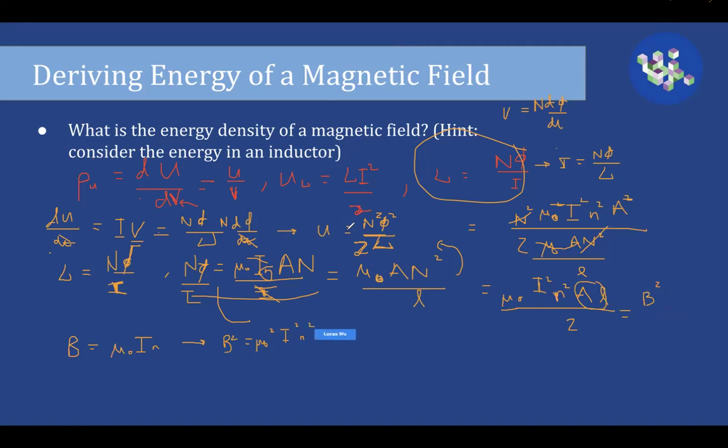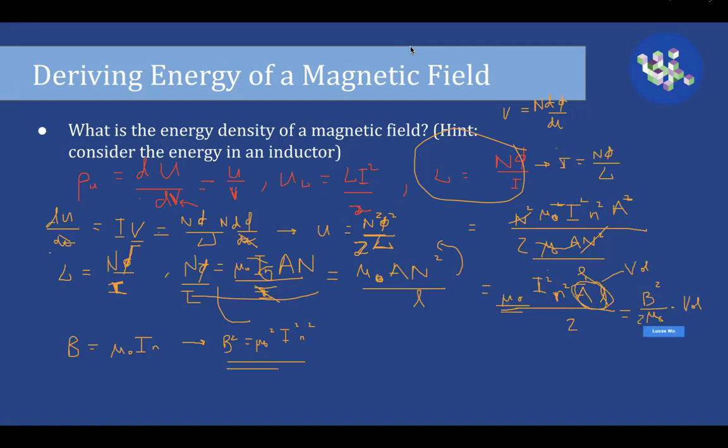So I have an extra mu zero, so I first have to divide by mu zero. B squared divided by mu zero gives mu zero I squared n squared, times A times L, which is the volume V, and then divided by 2, right?